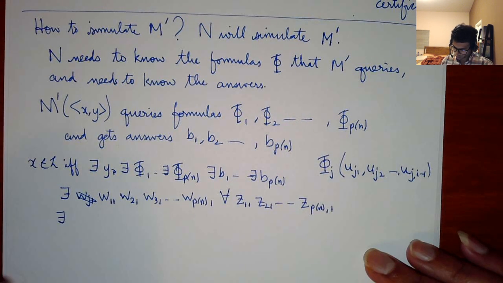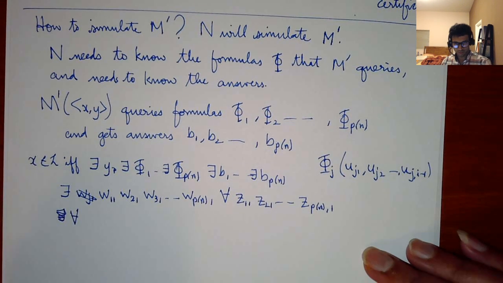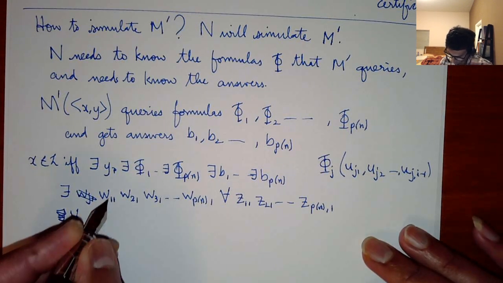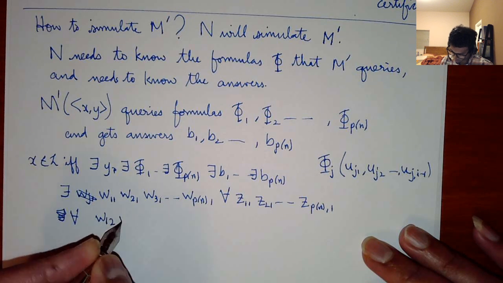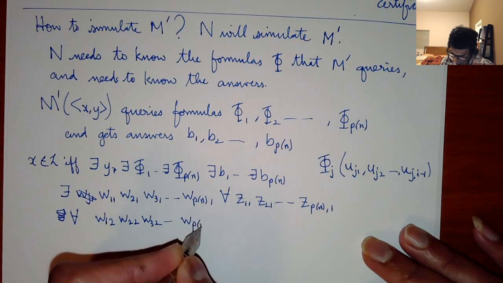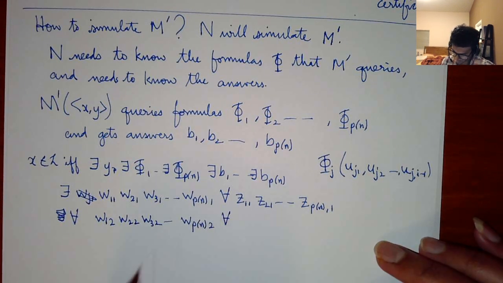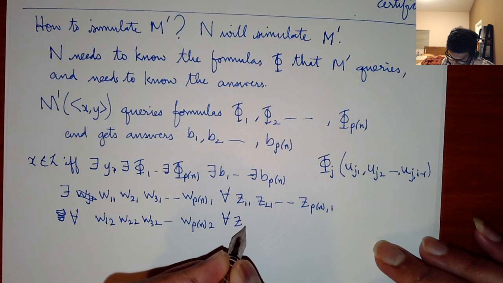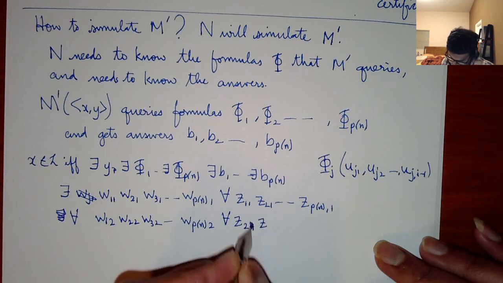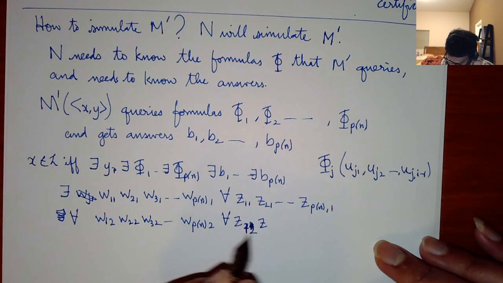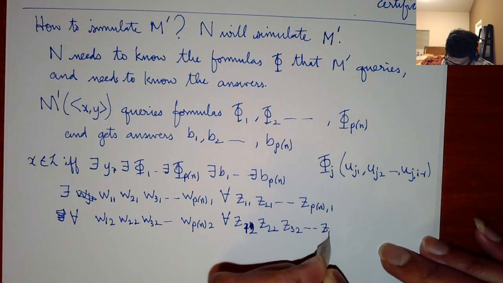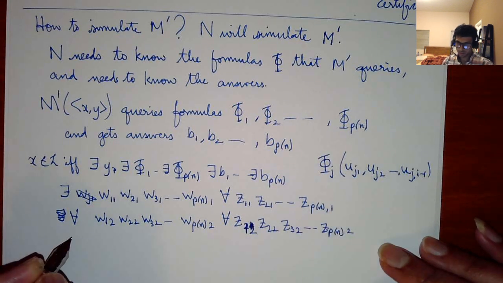Then I'll do, you'll see what I'm doing and it'll start making sense. So I do everything for the first one, W12, W22, W32 up to WPN of 2. And then there's going to be a for all of Z12, Z22, Z32, up to ZPN of 2.